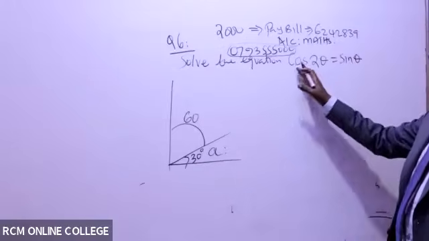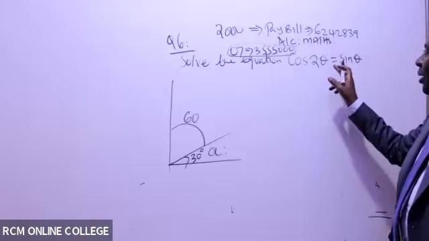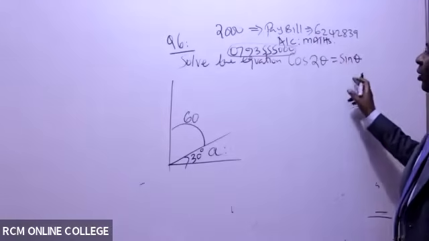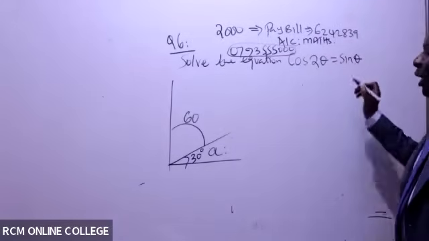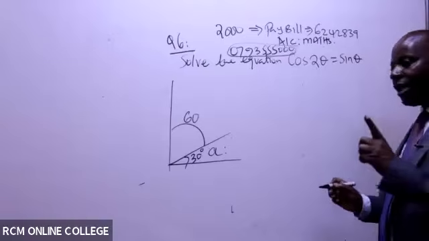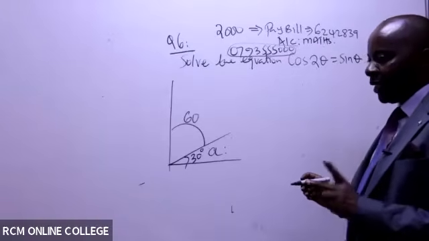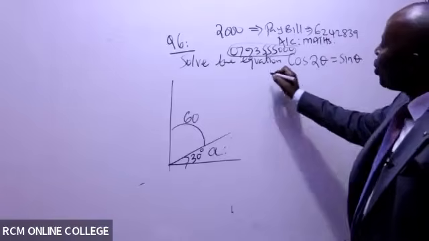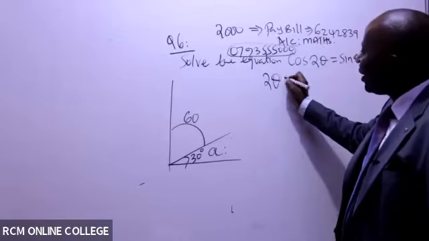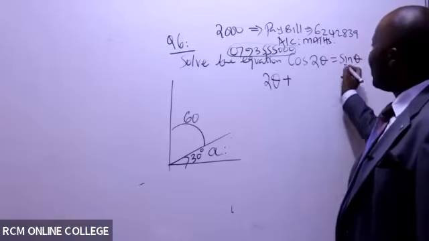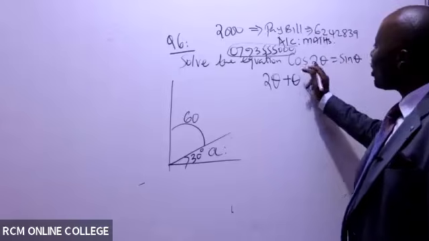The same case with this. When it is cosine of an angle equal to sine of an angle, these two angles, whenever you add them together, must add up to 90. So 2 theta, the concept of complement, plus theta, you forget the cosine and the sine.